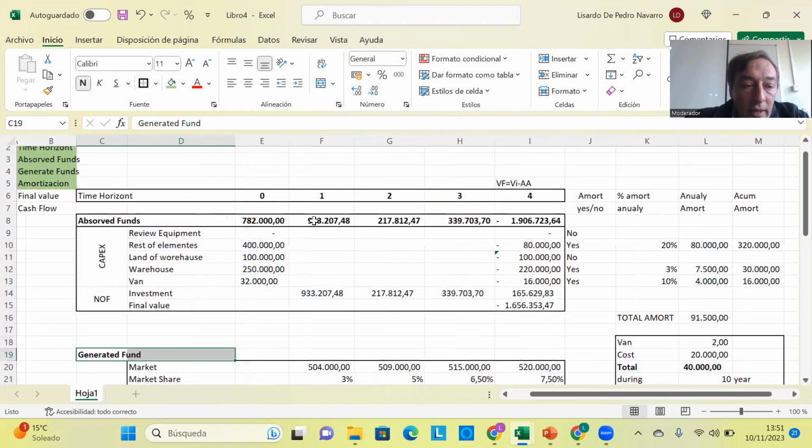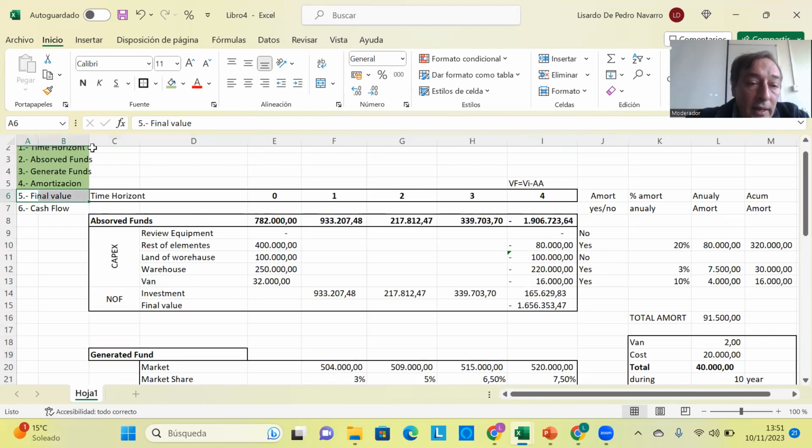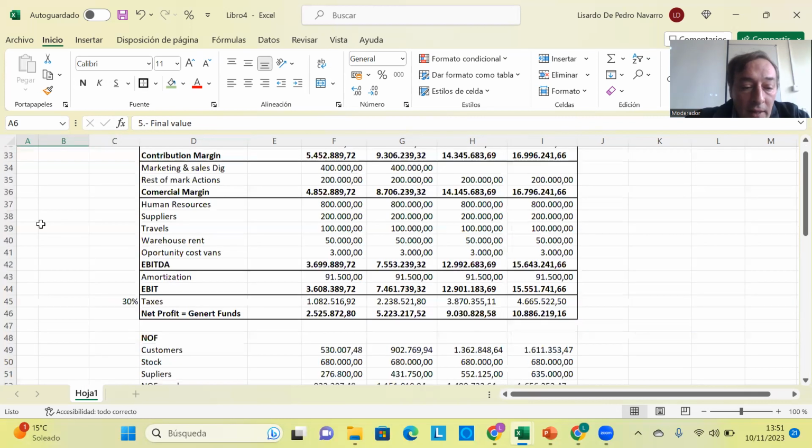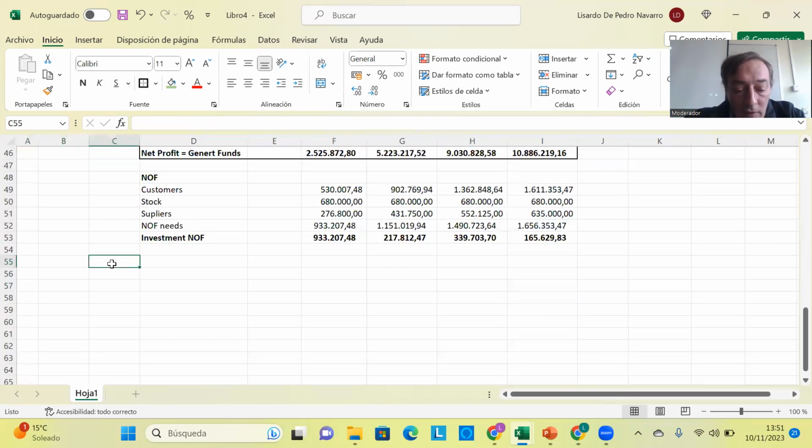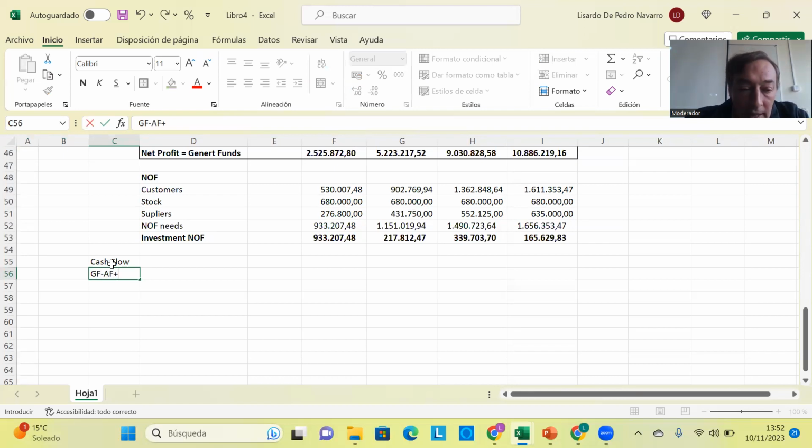Okay, so now we also have the final value. So now we can calculate the cash flow. As we have mentioned, the cash flow is going to be generated fund less absorbed fund plus amortization.